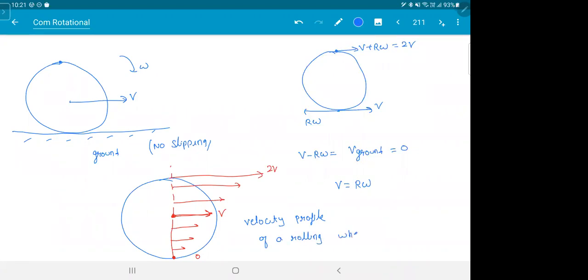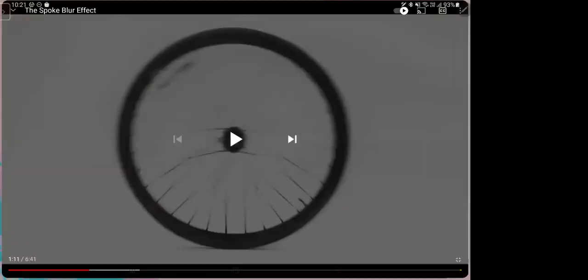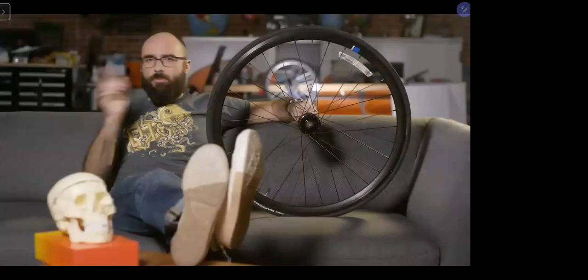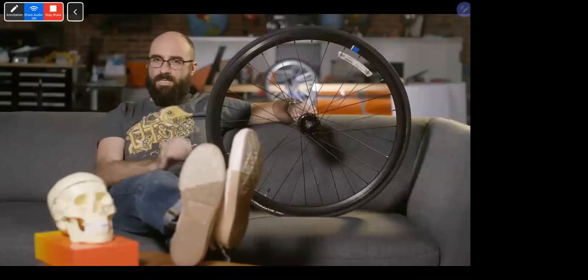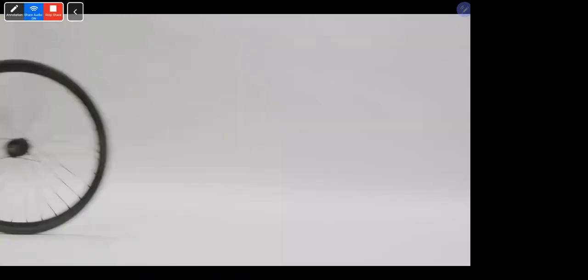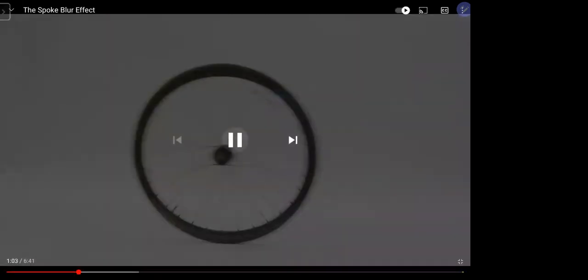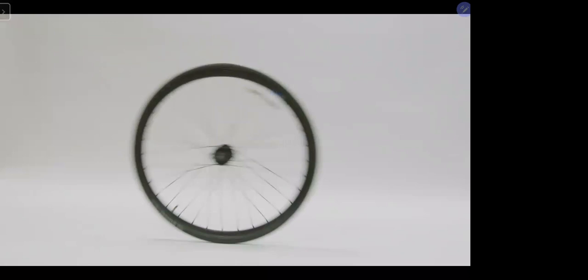You can try this on a cycle. If you put a ribbon on the spokes, and when you're riding the cycle, you will observe that when the ribbon comes in the upper part, it looks like a blur. At the lower part, it looks clear. For example, see here. This is a photograph of a rolling wheel.